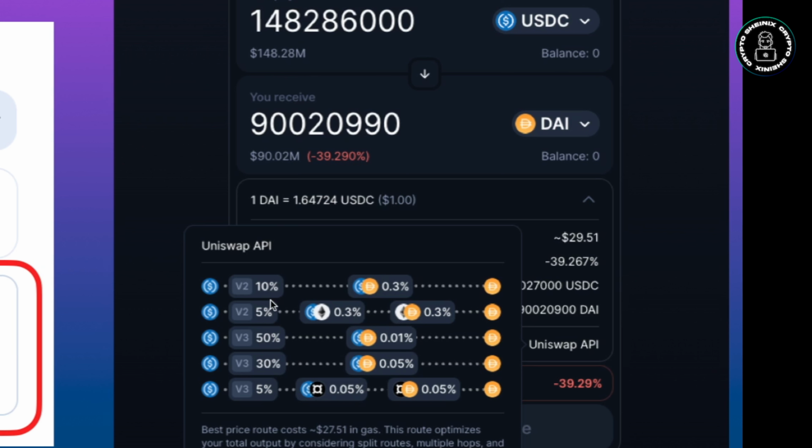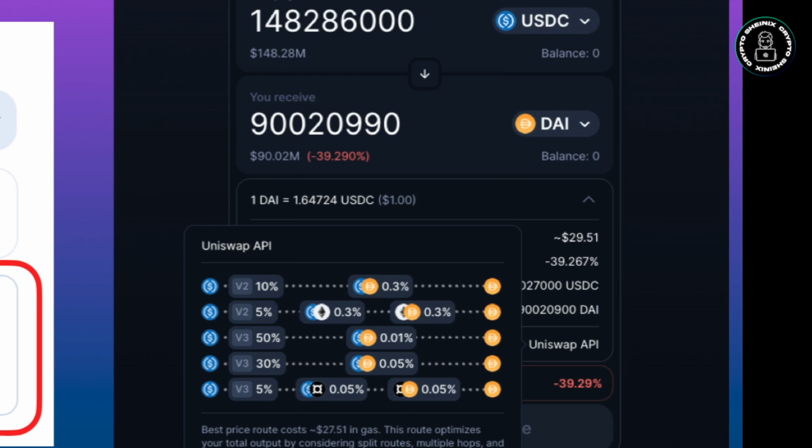And you see, the router is trying to pull liquidity from all different sources. It can go like 10% to the 0.3% pool, 5% to the USDC Ethereum pool, and then swapping for DAI. So it's trying to break liquidity and pull from everywhere that it can, but basically cannot provide a better trade.